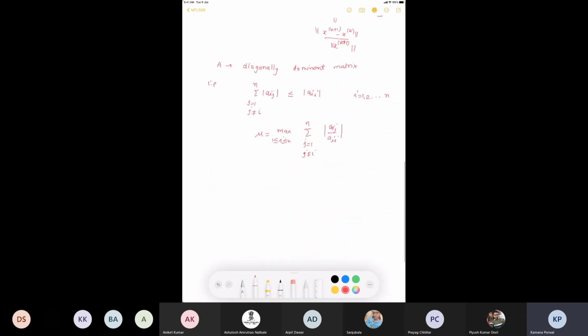So if matrix A is diagonally dominant, then this is going to be strictly less than 1, and we obtain that the error, to be denoted by ek, behaves like mu raised to power k times e0.